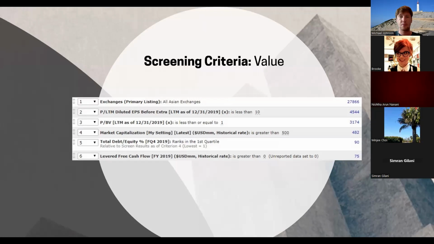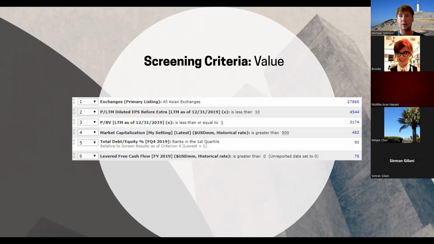P/E ratio is less than 10. Determine if the price P/B value is less than or equal to 1. And also determine if the market capitalization is greater than 500.